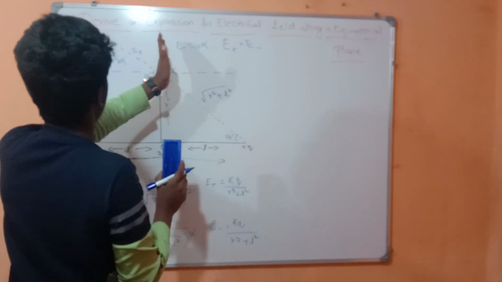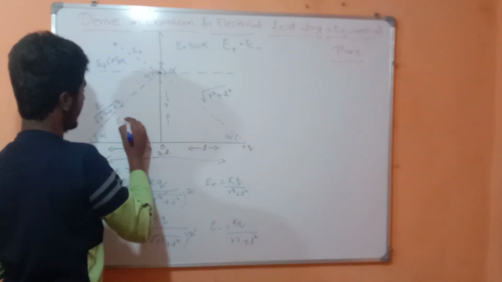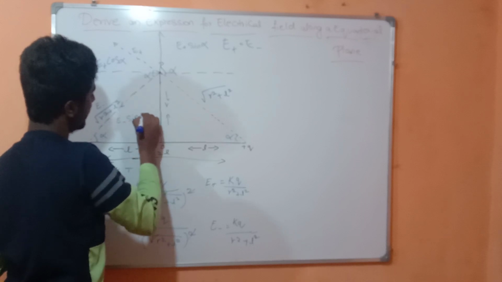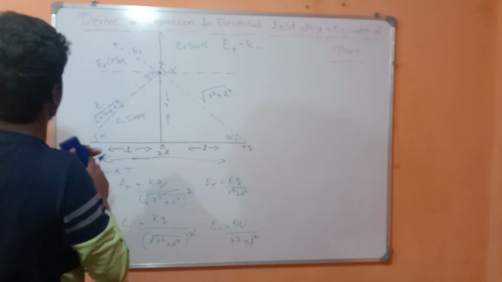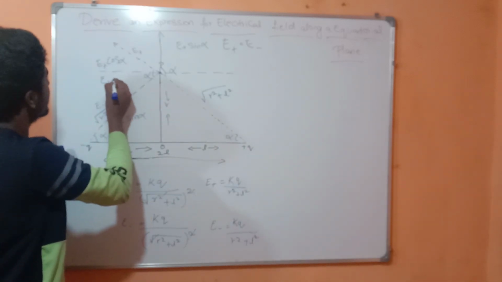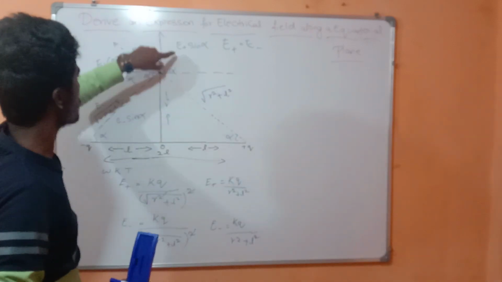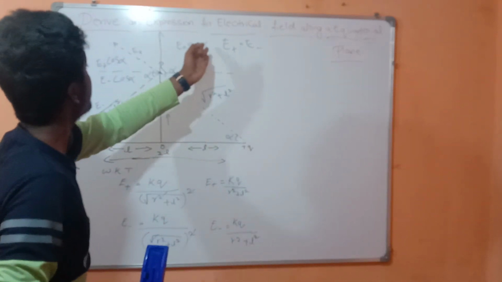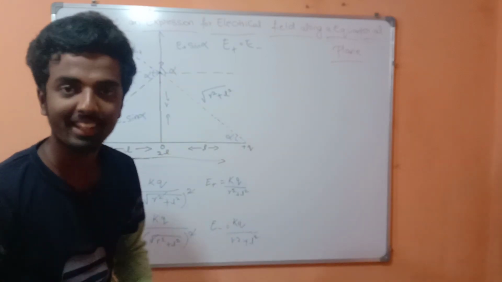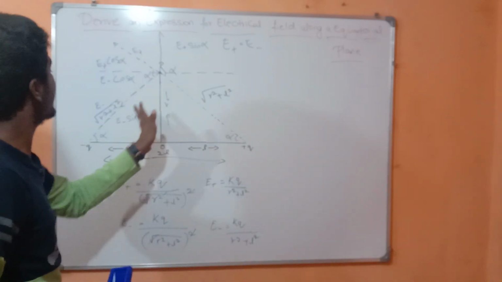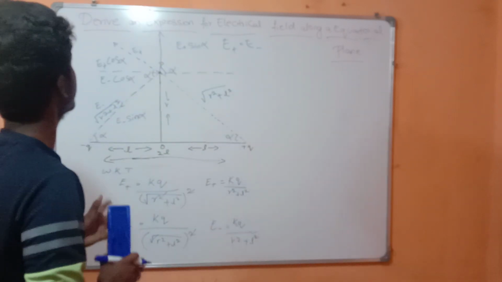Sorry, it is in the positive direction, it is E plus sine alpha, and the other is E minus sine alpha. In this direction, it will be E minus cos alpha, dear children. What happens now? E plus sine alpha and E minus sine alpha get cancelled. So we will neglect E plus sine alpha as well as E minus sine alpha.